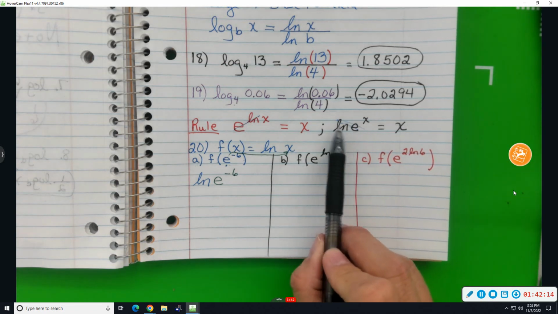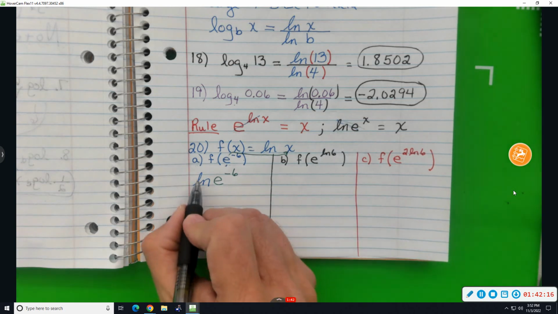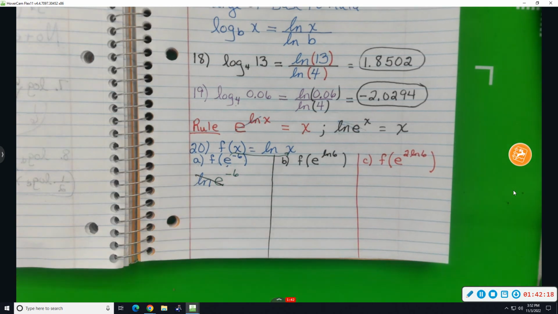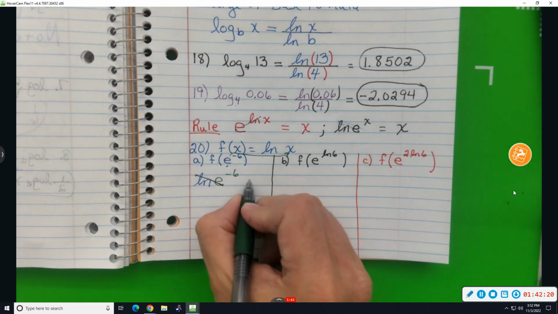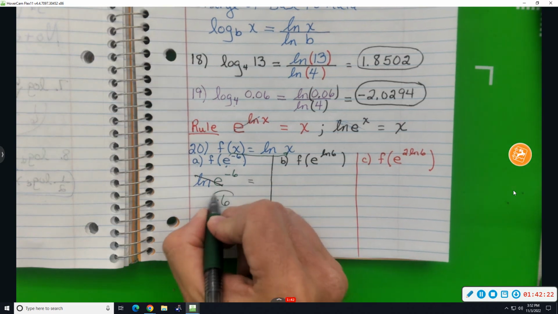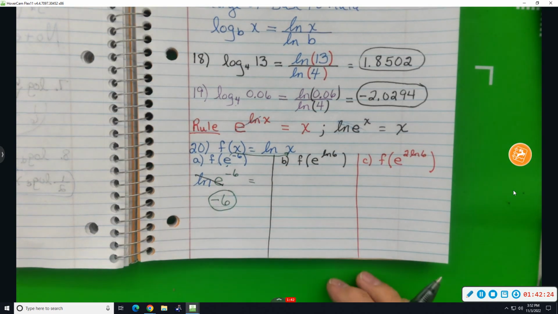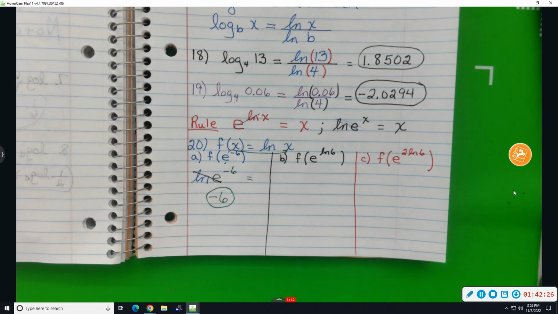You have the ln and e to the negative 6, they cancel. Here we just have a negative 6 as the answer on part A. We'll wait to type in all of the answers at once. You're just going to have to trust me for a moment that these are right.